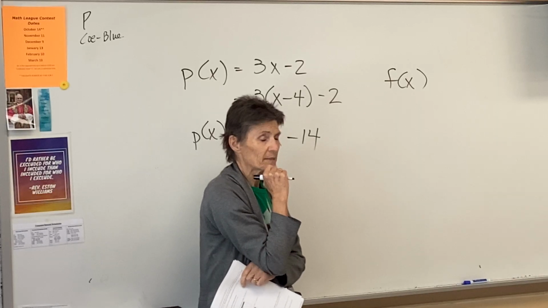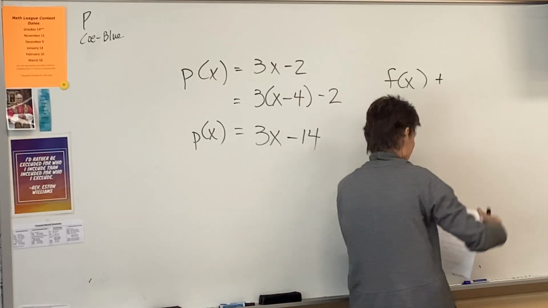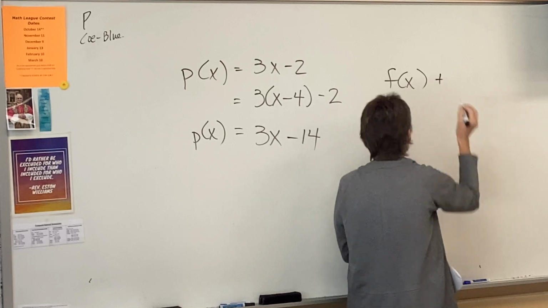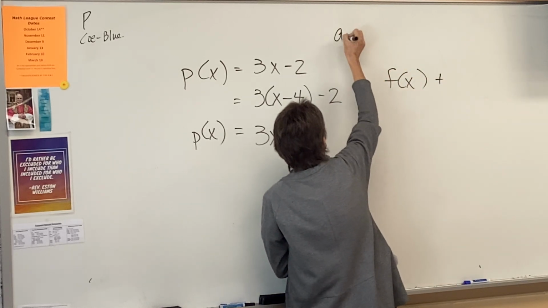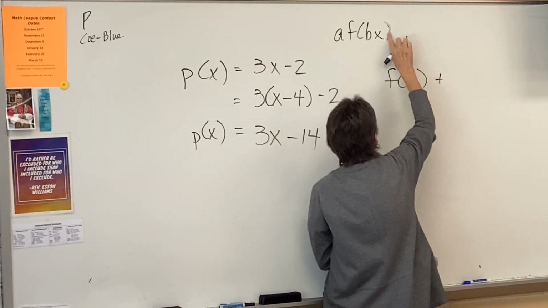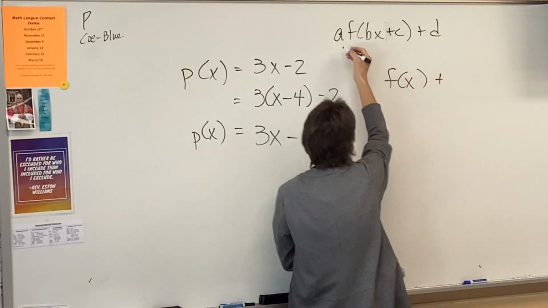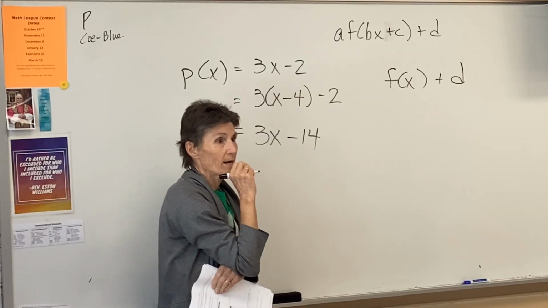How do you move things up and down? Add or subtract. So I'm just going to say plus. I'll use the same letters they use. When he writes his functions, he uses these letters. So I'll use D. That's what accomplishes a vertical shift, right?